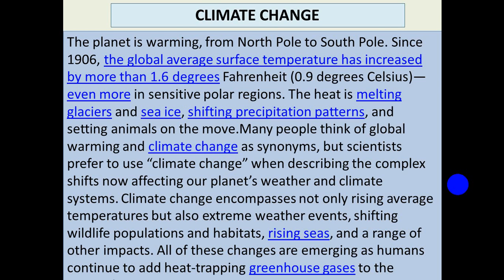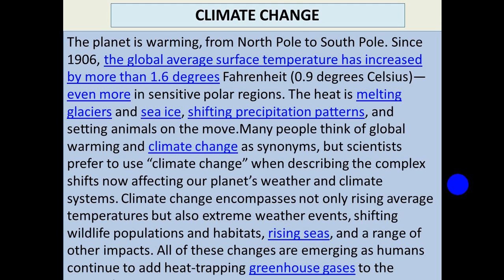Many people think of global warming and climate change as synonyms, but scientists prefer to use climate change when describing the complex shifts now affecting our planet's weather and climate systems.